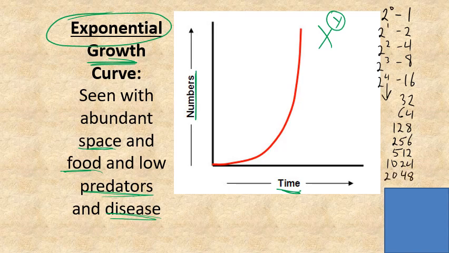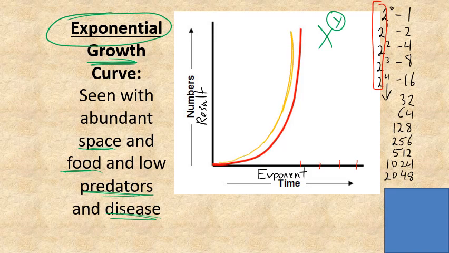So if we graphed the exponent and the result, no matter what number, 2, 5, 7, a billion, the numbers would change on our scale, but they would all look exactly like this.